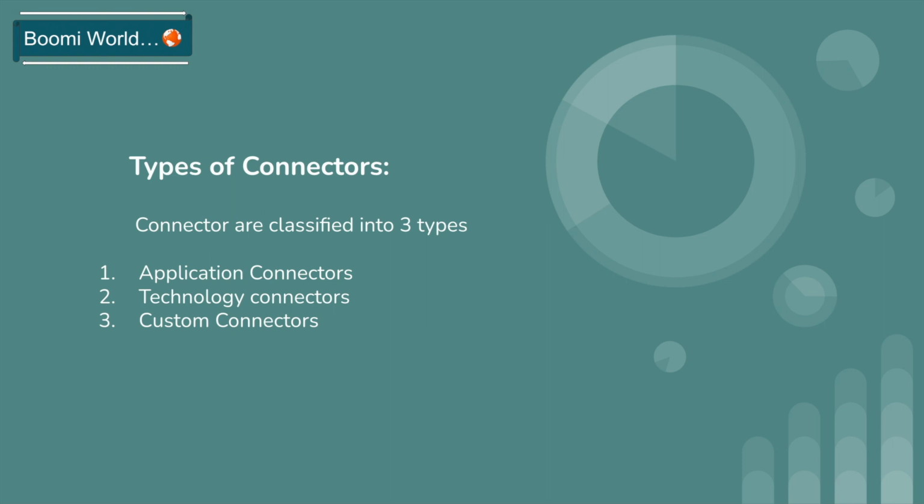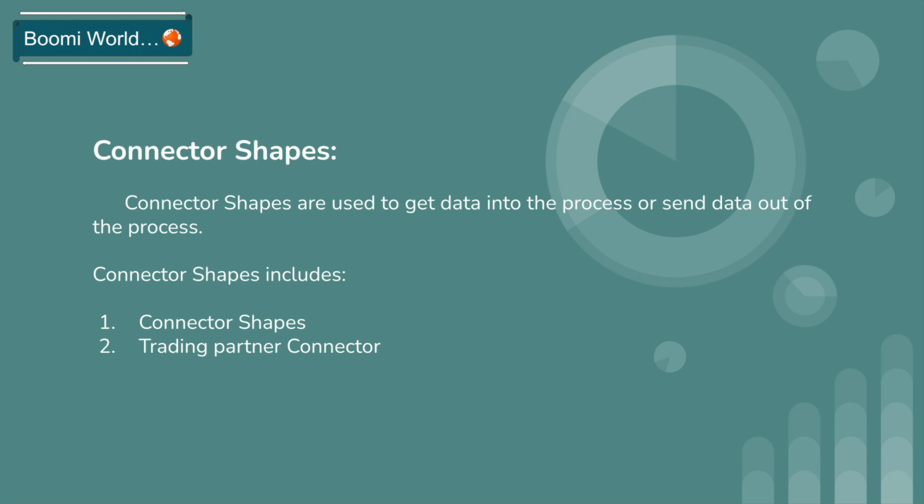Okay. So you are clear about these 2 points, right? Whenever you want to connect with an application, you need to use a connector shape. Whenever you need to connect with any organization, which means B2B integrations, which means EDI integrations, that time you need to use trading partner connectors.